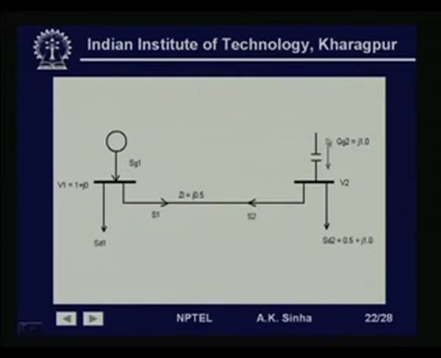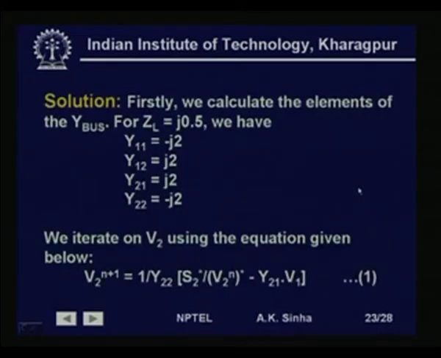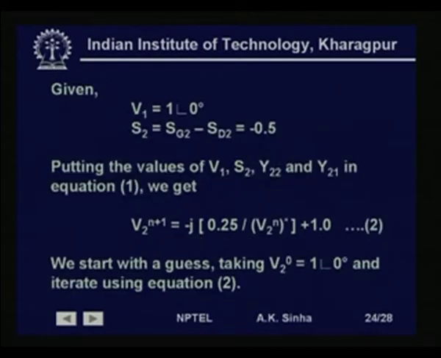So, we have SG2, which is 0 plus j1.0, minus SD2, which is 0.5 plus j1.0. If we do this, then we get S2 equal to minus 0.5. So, the injection at bus 2 is equal to minus 0.5.